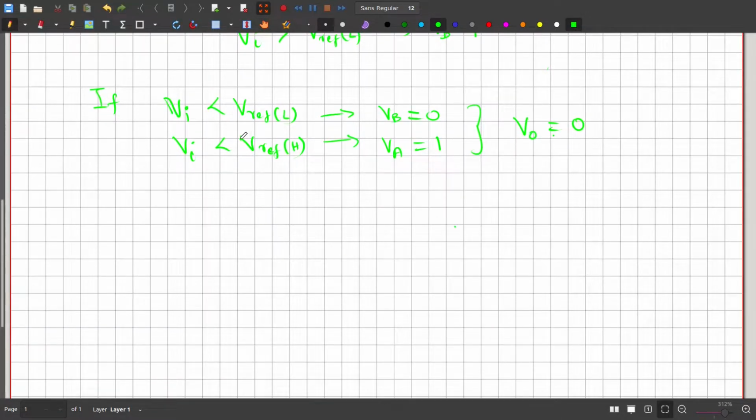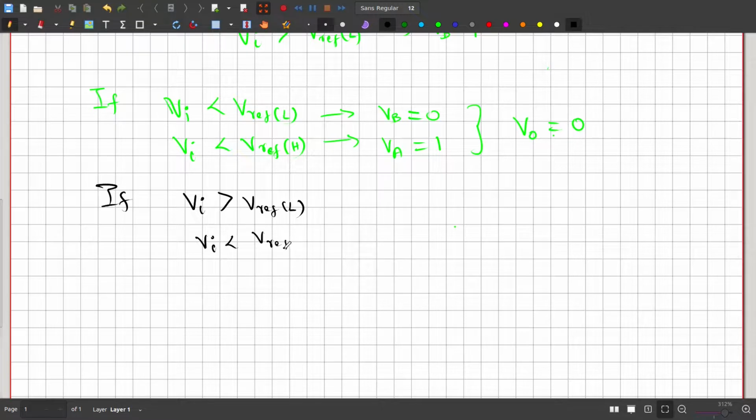Let's examine the next case. If Vi is greater than the lower threshold V ref of L, but Vi is less than V ref of H, we can see all these things in a time waveform diagram shortly.